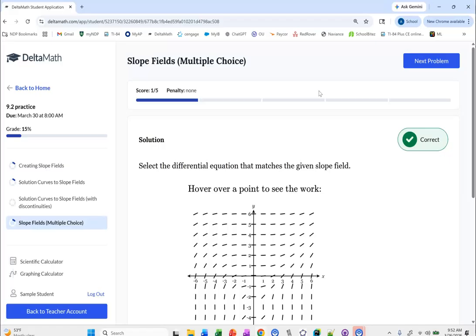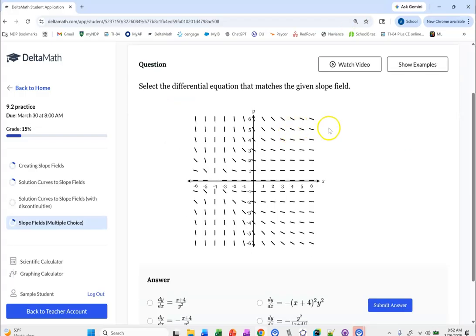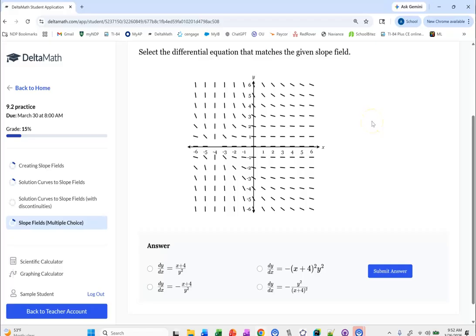Let's do another one of these though, because these can get tricky, right? Do you guys see any horizontal pieces? Okay, where do you see horizontal slopes? At x equals 6?